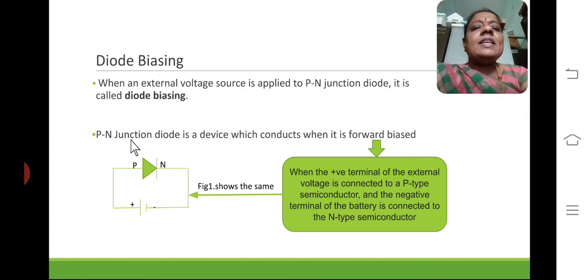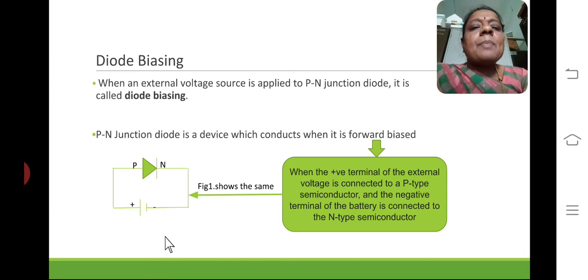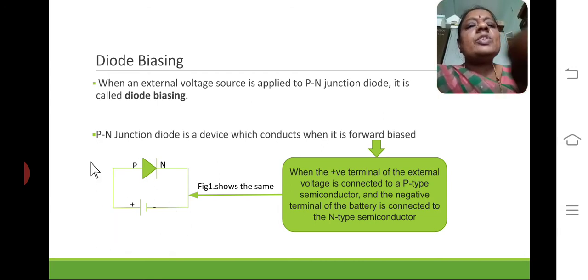And in biasing, we have two types. One is called the forward bias, another one is called the reverse bias. So biasing is nothing but applying external voltage to this diode.